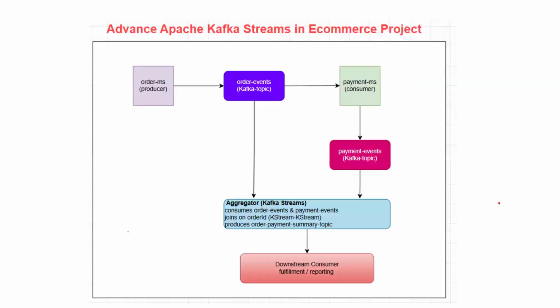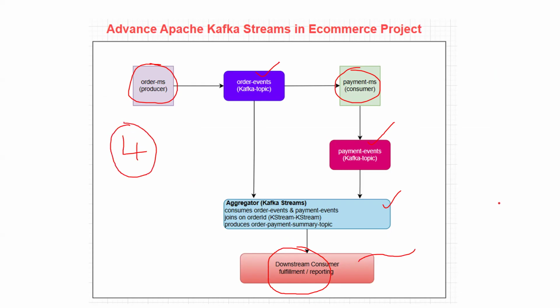Okay, just look at this diagram. Now order service, payment service. This is one topic, this is one topic. Now this KStreams microservice will consume both events, and downstream there is another microservice. Totally how many services? We have four microservices as part of this implementation.